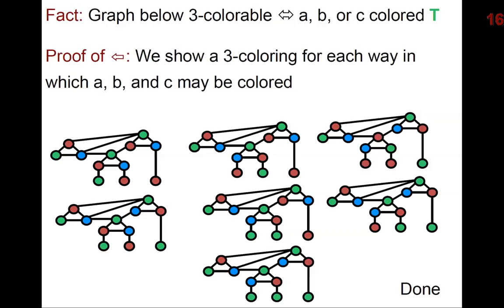So this completes the proof that this gadget works as intended. And now it's kind of obvious, right? Once you have this in place, if the graph is tricolorable, then all the gadgets are tricolorable, which means that all the clauses are true. And if the clauses are all true, you can tricolor every gadget.